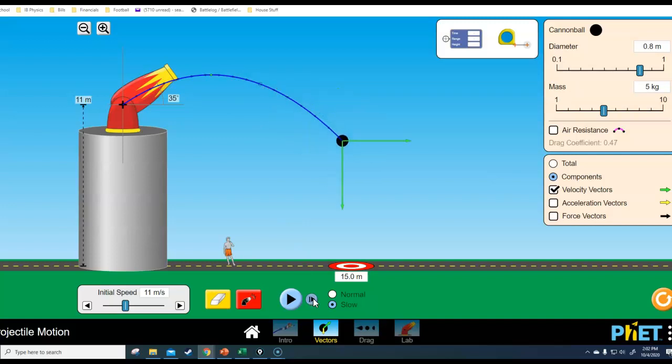So the y component is changing over time due to the acceleration from gravity. However, if you look at the x component, the x piece of the velocity never changes. Look at that horizontal arrow. Its length never changes, because we have constant velocity in the x direction.